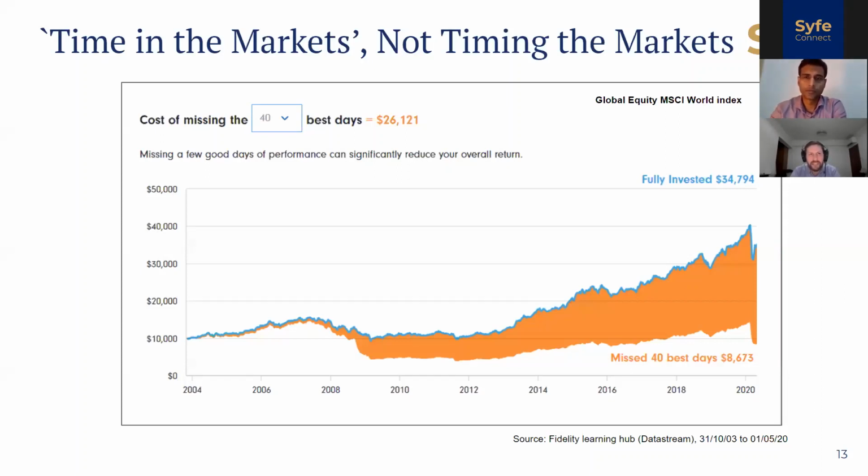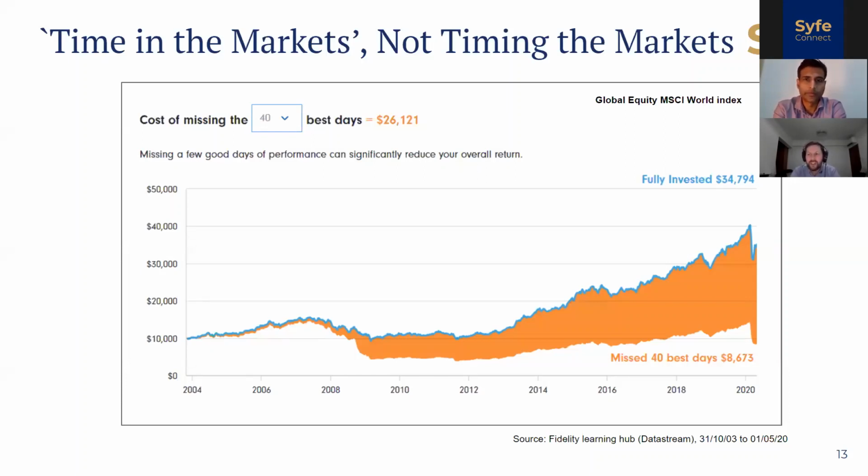The focus should lie in your time spent in the markets themselves, and not on timing the markets or trying to guess the correct time to go in and out of the market.